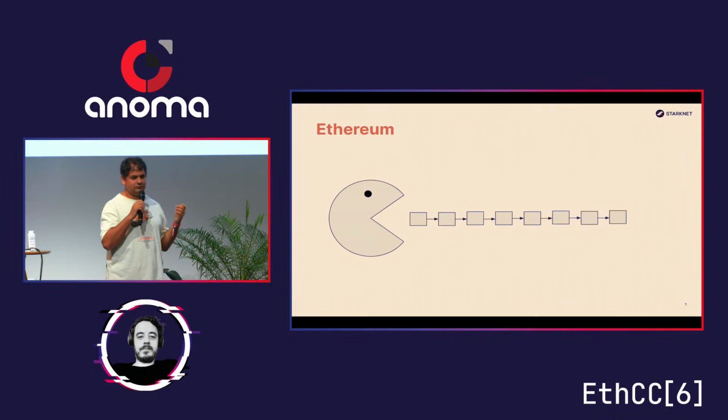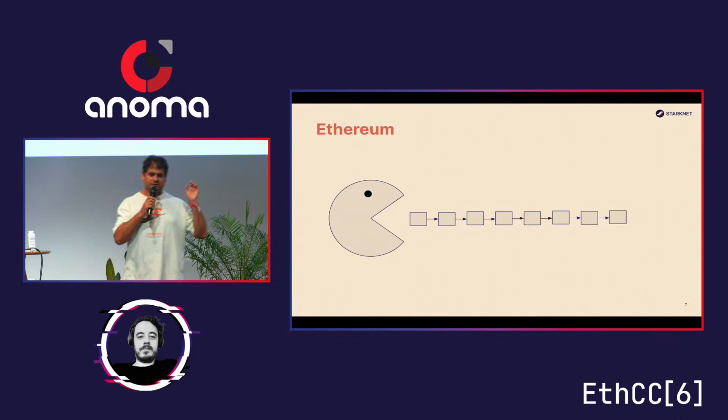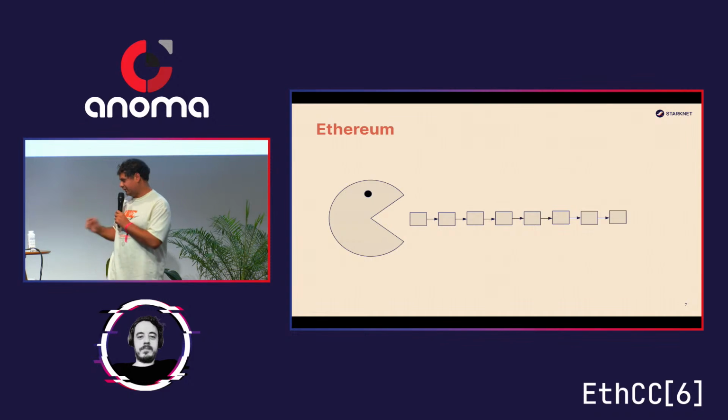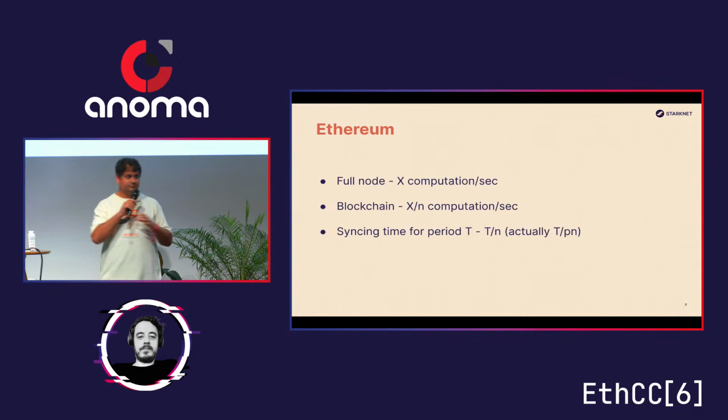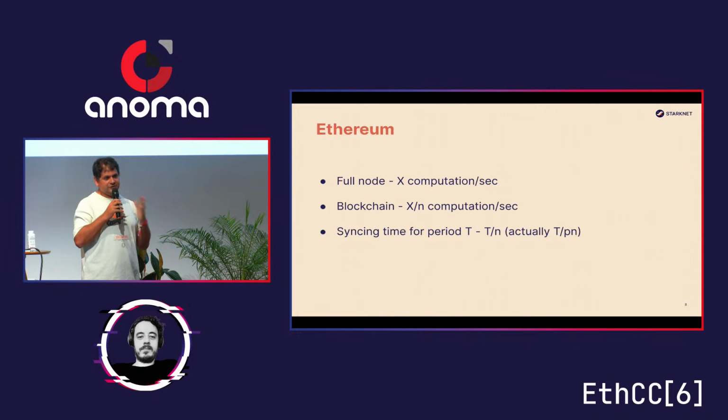That in particular means that when you design Ethereum, you need to consider not just the throughput that you as a sequencer or as a validator or as a builder can provide. You need to first of all consider the throughput that a full node can process, right? So if a full node can process X computation steps per second, you need to take this into account for your network throughput. That's basic, right? We all know that.